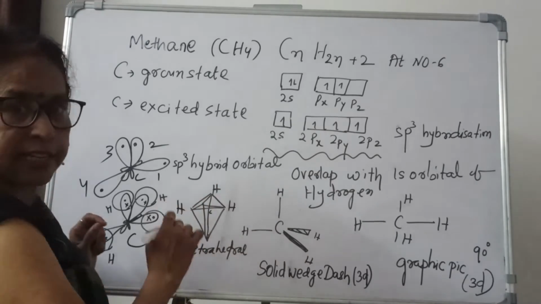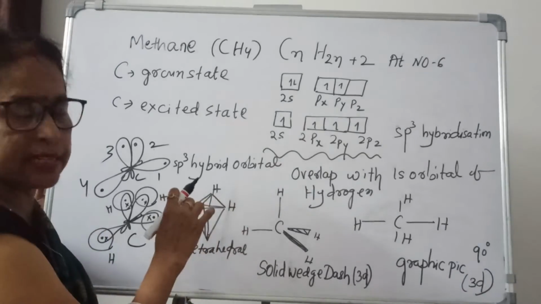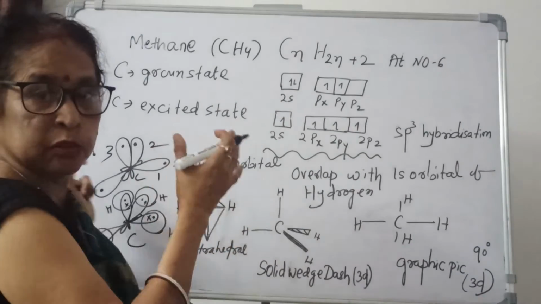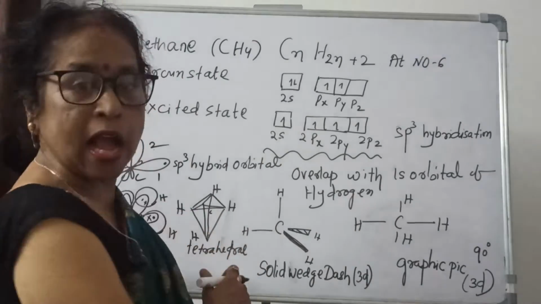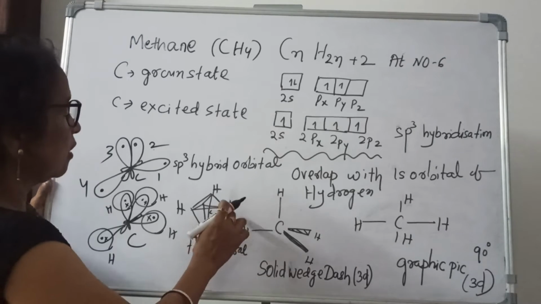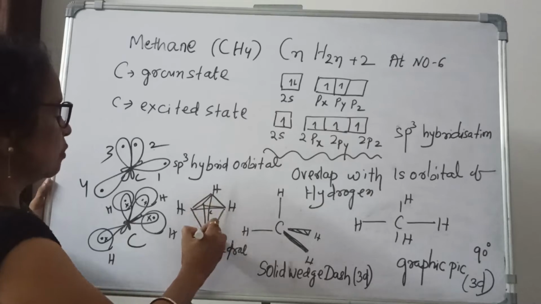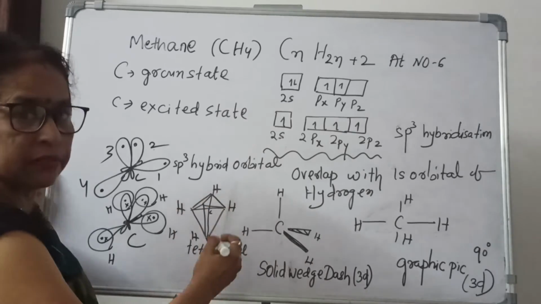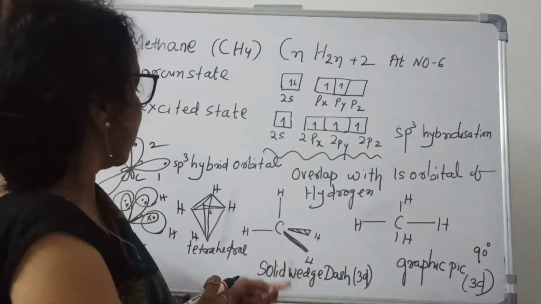So this is a tetrahedral structure, where you can find the faces of the tetrahedron, and each face is an equilateral triangle. Here you can find 1, 2, 3. This is one face, this is one face. So the faces of the tetrahedron are equilateral triangles.